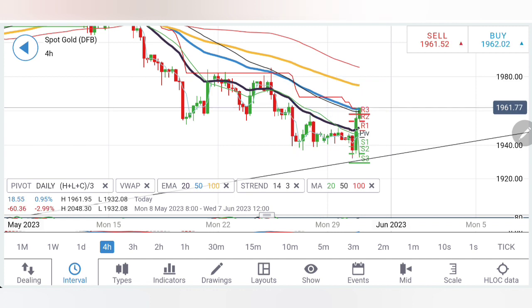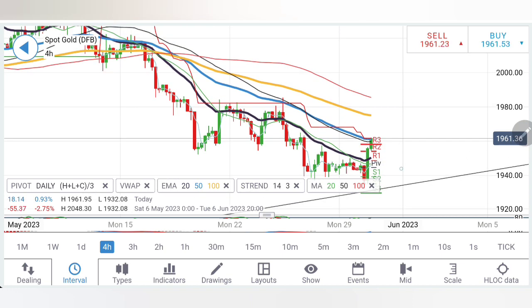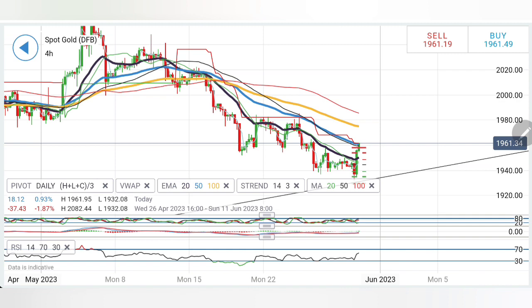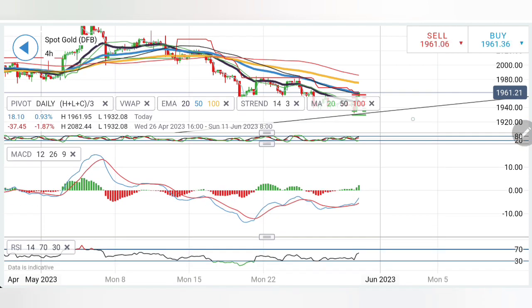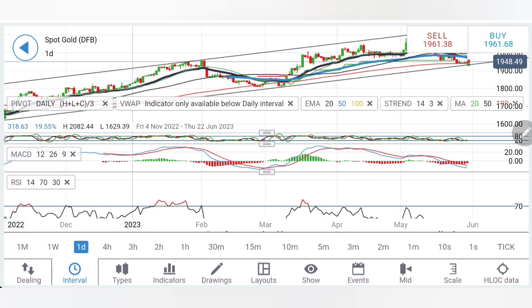So possibly we had discussed that it is going to converge, and that is what we can see. It is converging here. It has started to converge. This is the bullish sign. If it stays above 1965 and then 1985 levels, you should consider this for a reversal, and then we can expect a little more bullishness. Stochastic is near to overbought levels. The MACD started to diverge here and looking bullish. RSI has also started to look upwards.